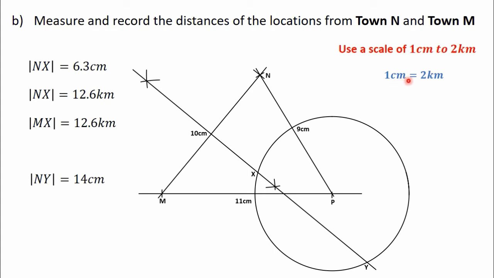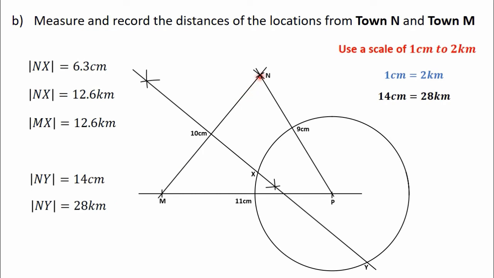If 1 centimeter is equal to 2 kilometers, then 14 centimeters will be equal to 2 times 14 kilometers. And 2 times 14 will give us 28. So 14 centimeters will be equal to 28 kilometers. So it means that the distance NY, which is 14 centimeters, in kilometers, is 28 kilometers.